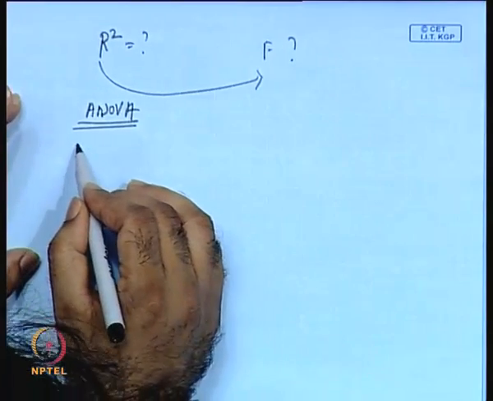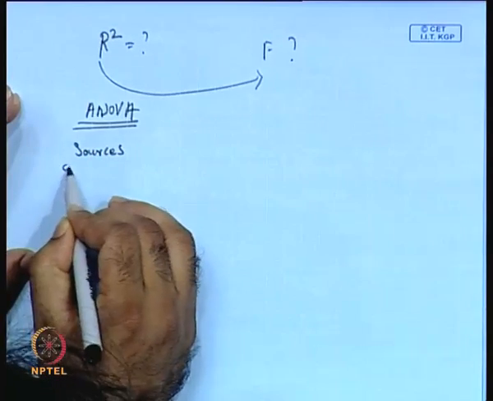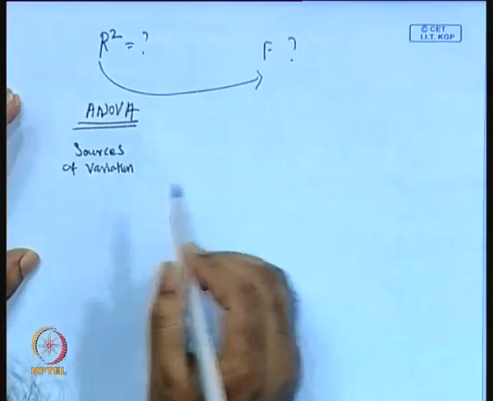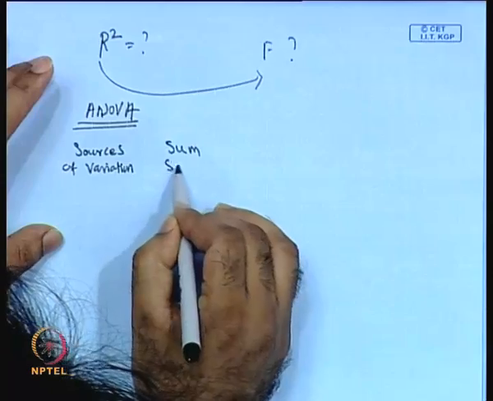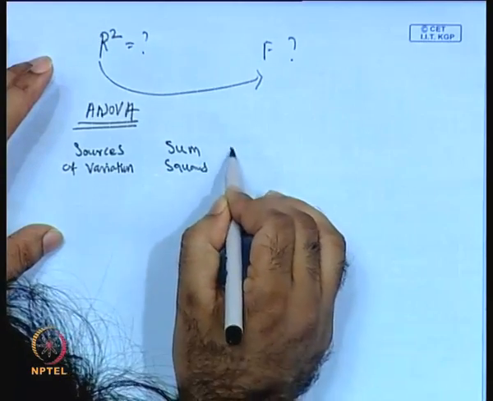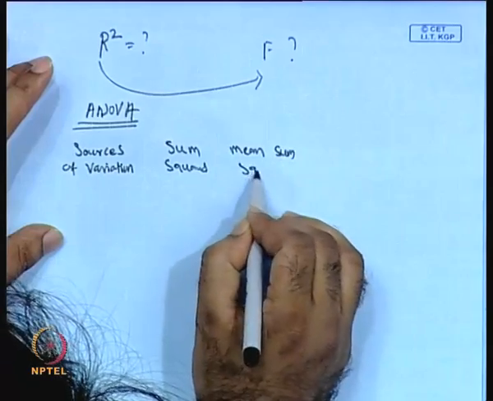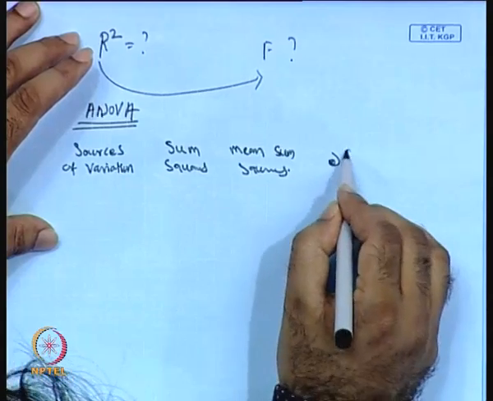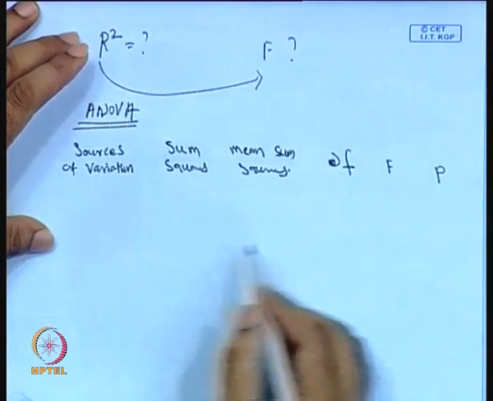Now we would like to have sources of variations, then sum squares, then mean sum squares, then degrees of freedom, then F statistic and the probability level of significance.